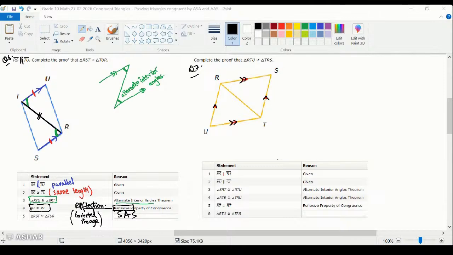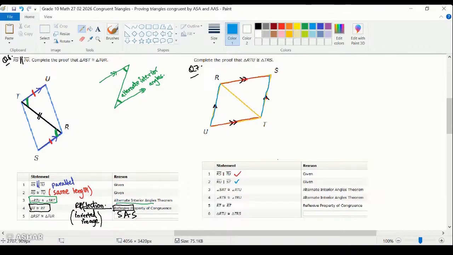So what we can say is, in case of a parallelogram, we have two pairs of parallel sides, right? But what they are trying to ask us to prove is, they're saying RS is parallel to UT. It's given. UR is parallel to TS.